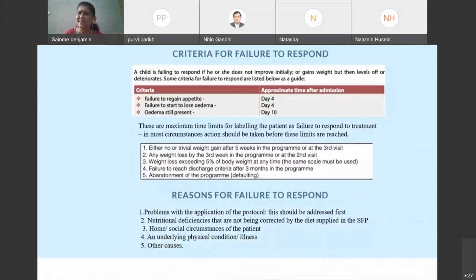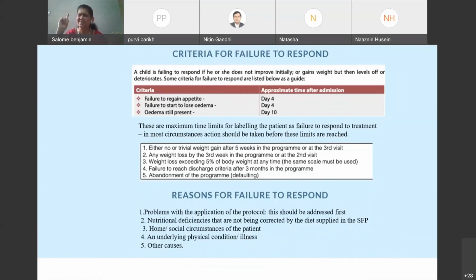So there are some criteria where there is the failure to respond. So those children who do not respond by regaining appetite by day 4, or edema does not start subsiding by day 4, then you will change the protocol. Okay, your weight is your marker. 10 gram weight.